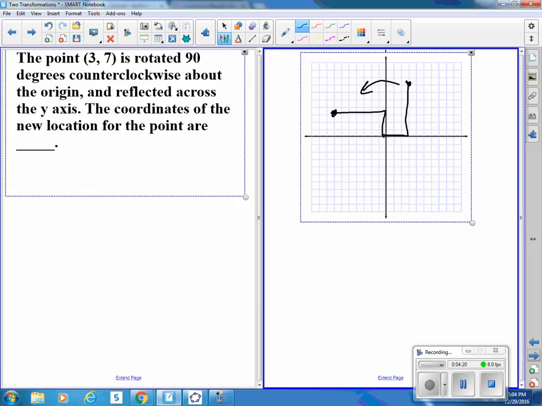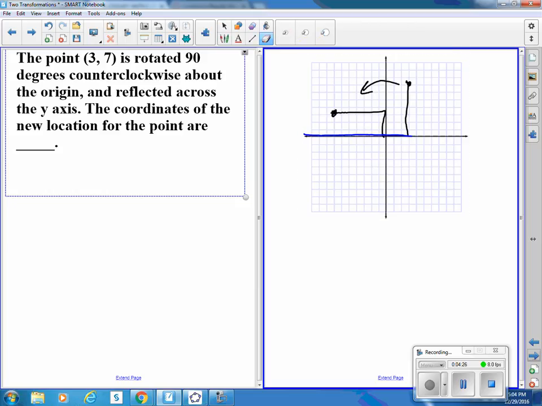Okay, so here's the y-axis. So he's going to reflect across that. So he'll be over here, 1, 2, 3, 4, 5, 6, 7. All right.